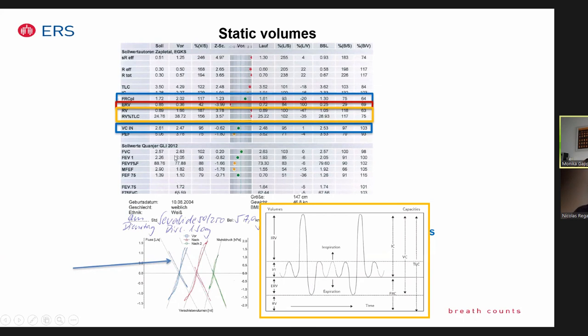This is something you have to look out for. I find this is very common, although I try to train my technicians very well with these maneuvers, but I see this quite often, and only after exercise, when the children are more relaxed, then they do a better maneuver and have a more valid measure of calculated residual volume. Something to look out for.